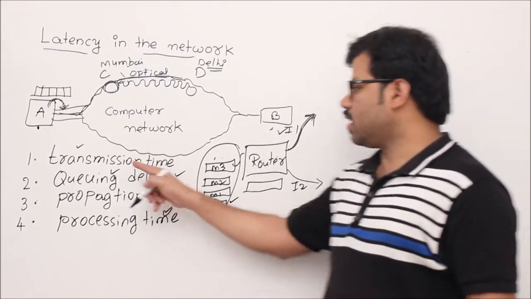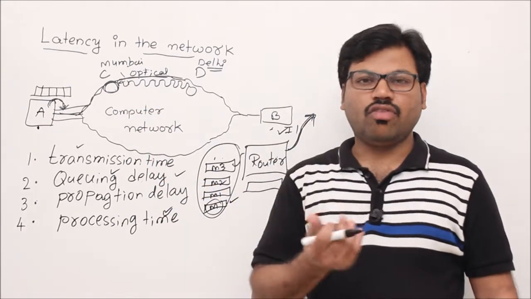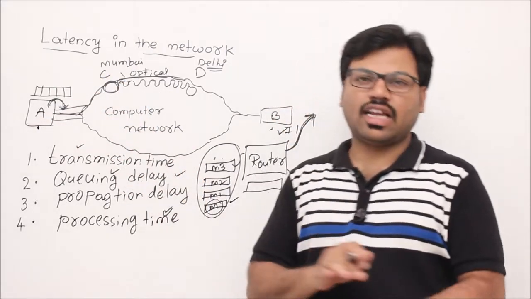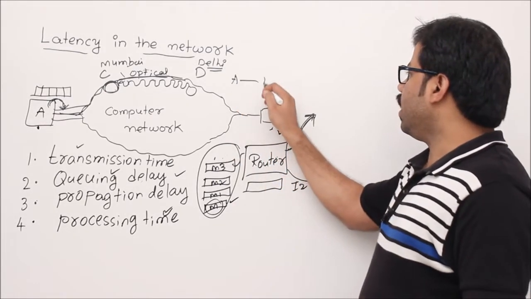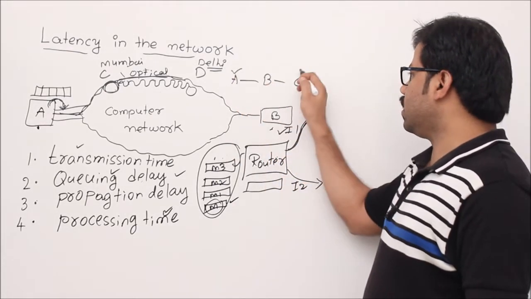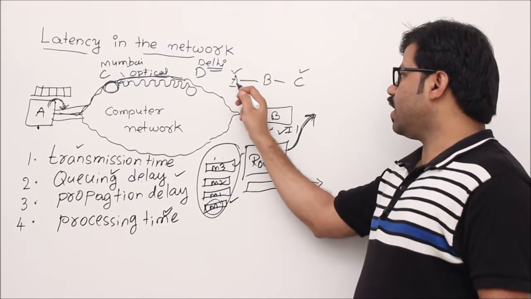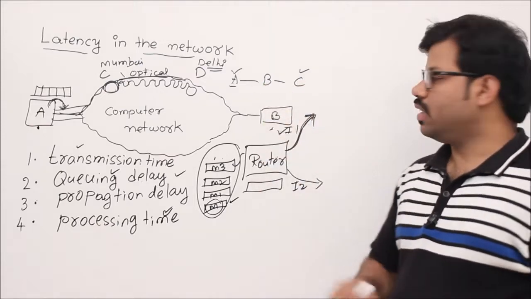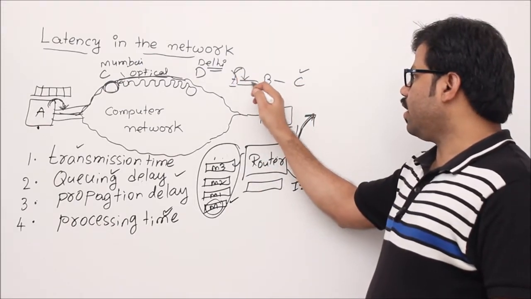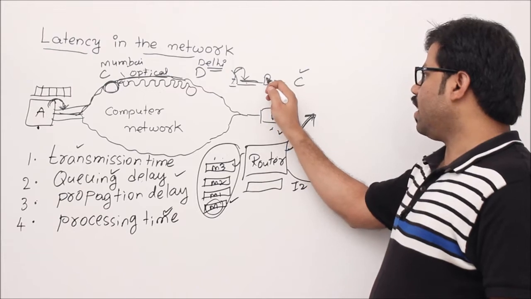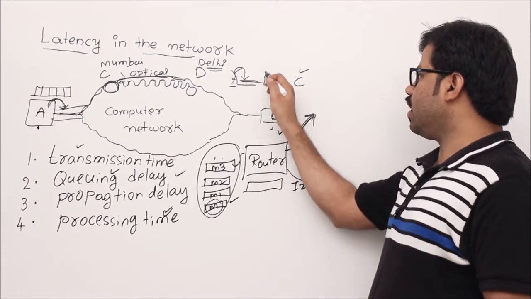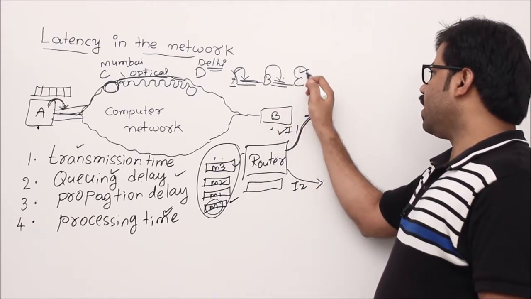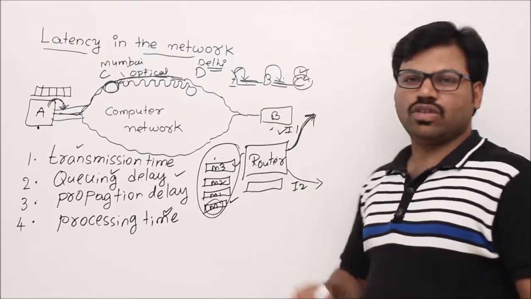Let's summarize it again. Transmission time: any computer that wants to transmit a message onto the line, that is transmission time. Example, see this one, A, B, C. This is the source, this is the destination, a simple problem. A wants to send a message to C but through B, because B is in between them. Then A has to transmit it onto the line, then it will reach here, then B will receive it and retransmit it. Now B will send that to C, then C will take it, and since C is the destination, there is no retransmission.